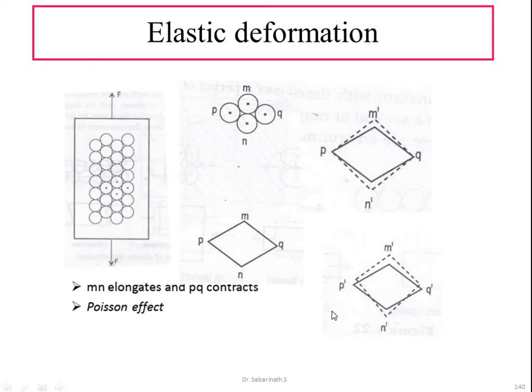Whereas the dimension in P and Q will reduce to P dash and Q dash. This reduction in lateral dimension and this elongation along the longitudinal direction is known as the Poisson effect.